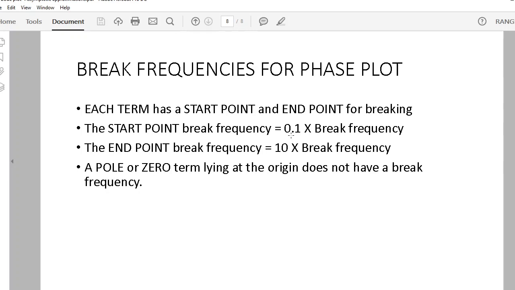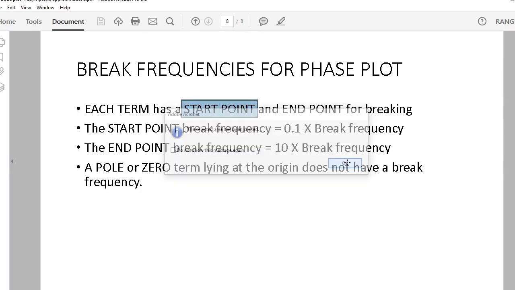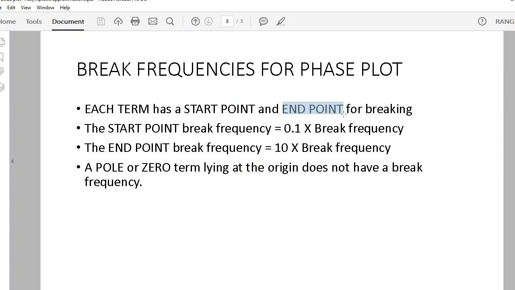That was the break frequency, and then if a term started breaking at one point, it would continue breaking the whole way. Now, when it is a frequency or a phase plot, each term has got a start point as well as an end point.